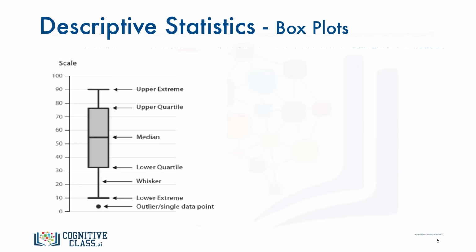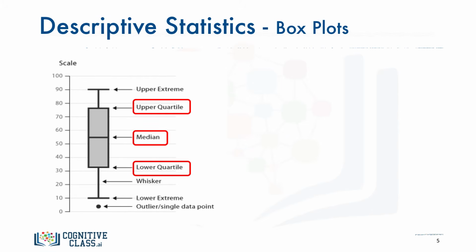Box plots are a great way to visualize numeric data, since you can visualize the various distributions of the data. The main features that the box plot shows are the median of the data, which represents where the middle data point is. The upper quartile shows where the 75th percentile is. The lower quartile shows where the 25th percentile is.